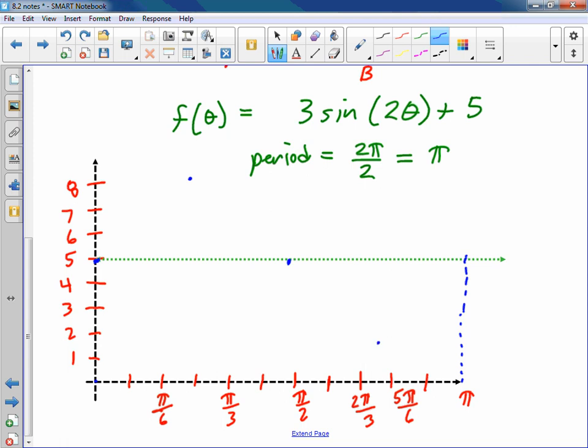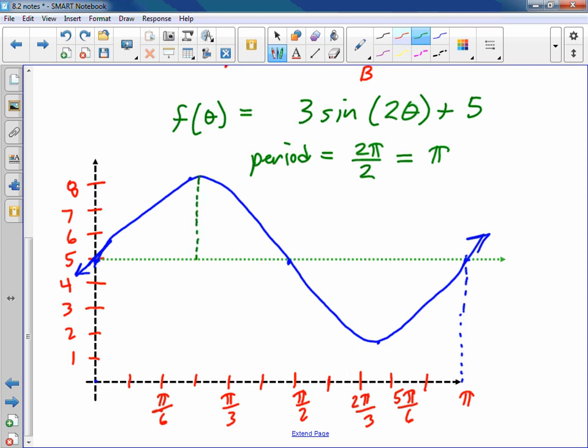It's going to be about there. And this is definitely not perfect. Not a great scale, but for these purposes, it should do. So you'll notice that right here, I go from 5 to 8, so my amplitude is 3, or from 5 to 2.